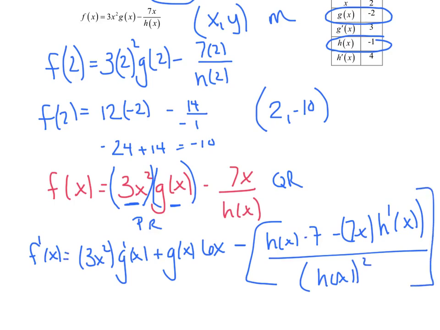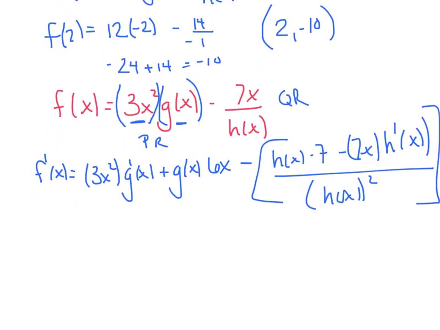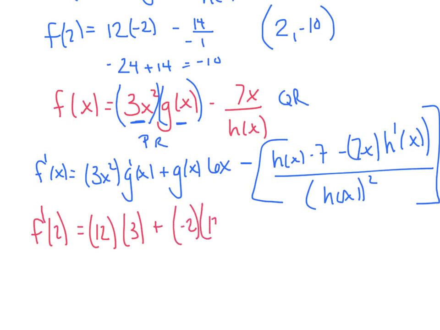Alright, so again, now we're just using that table and carefully evaluating at 2, because I needed that slope at 2. So I've got 2 squared is 4 times 3, I've got 12 here. g prime of 2, I believe, is 3, plus g of 2 was negative 2, and 6 times 2 is 12, minus this lovely mess.